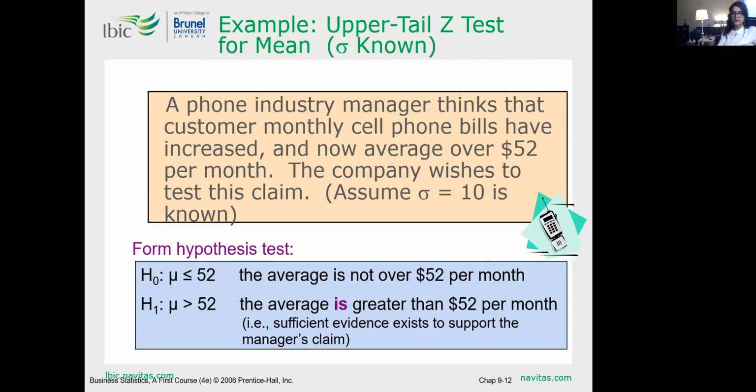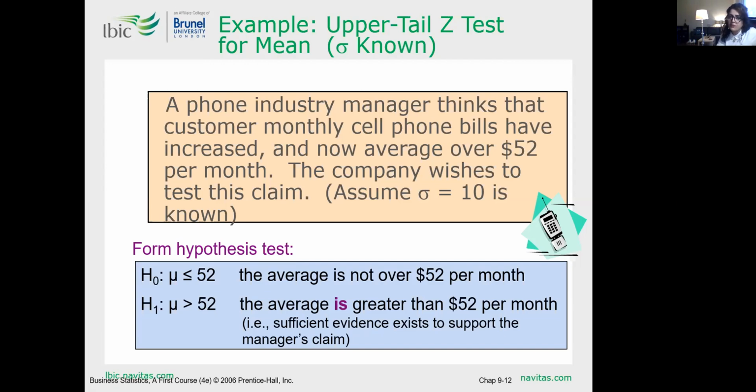When the standard deviation, sigma, is known, then we can use the z-score and z-statistic. So how can we figure this out? Let's look at this example and read it again. The bills have increased and now average over $52 per month.